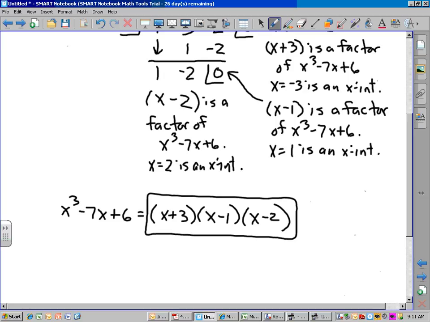So that's what we're going to do in the next section, is to start breaking these down without the use of the calculator. Again, I like technology. I think it's useful. Probably still going to have you confirm your answer with the graphing calculator. It's always good to confirm your results. But we are going to show you how to do it without the calculator. That's all I have for you today.